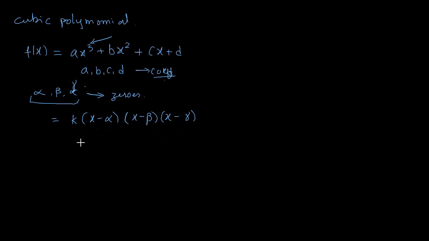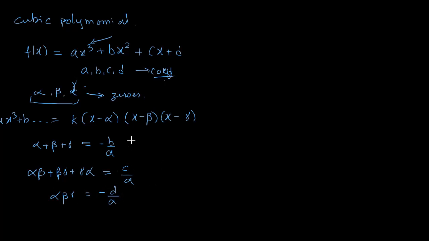If you multiply all this and compare that with ax cube plus bx square plus cx plus d, what we get is the sum alpha plus beta plus gamma equals minus b by a, alpha beta plus beta gamma plus gamma alpha equals c by a, and the product alpha beta gamma equals minus d by a.